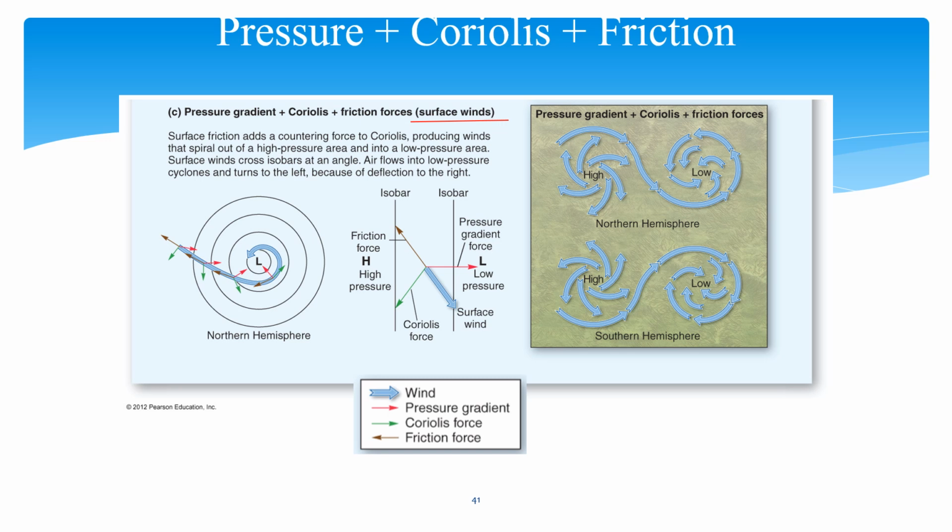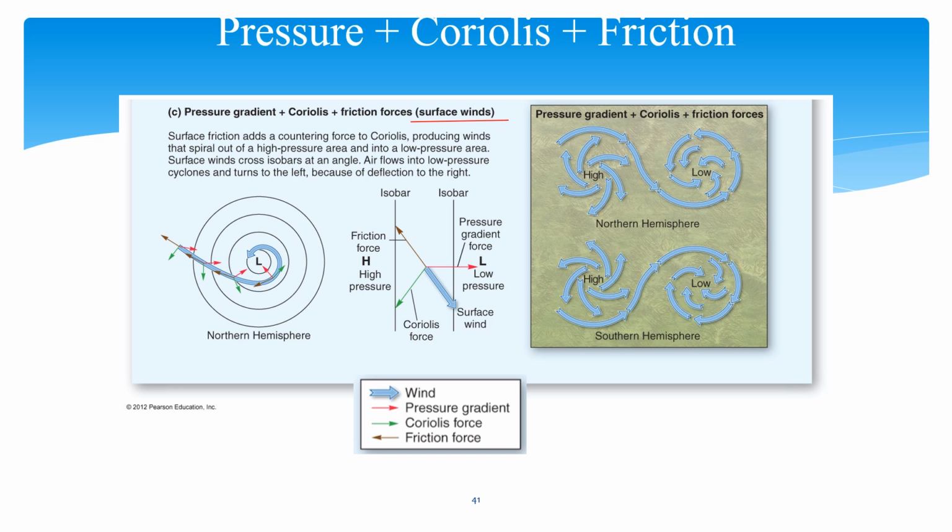So in high pressure systems, our air will be spiraling clockwise in the northern hemisphere. With low pressure systems, the air coming out of that high pressure system is going to flow into a low pressure system because of the pressure gradient force. In this instance, it's doing so towards the Earth's surface. It is happening down low.